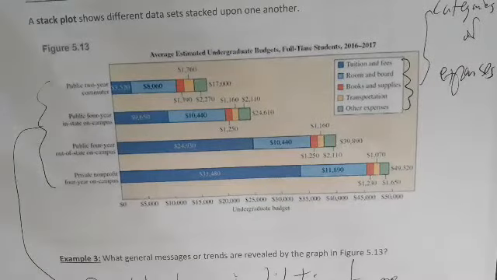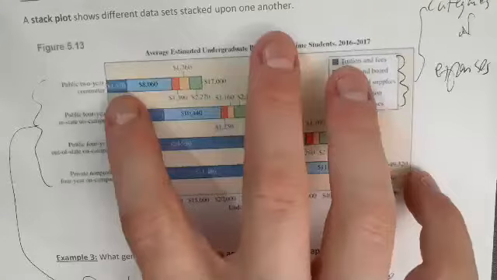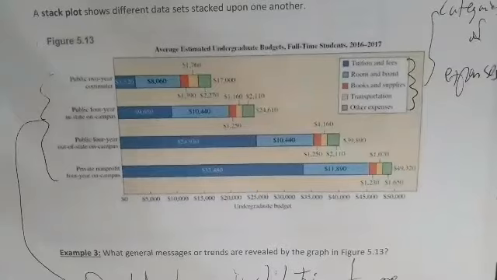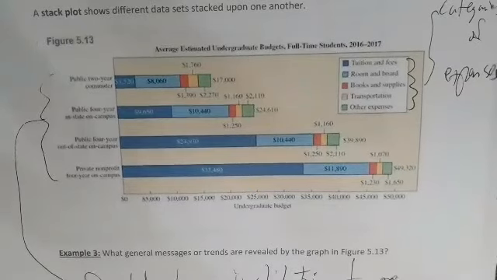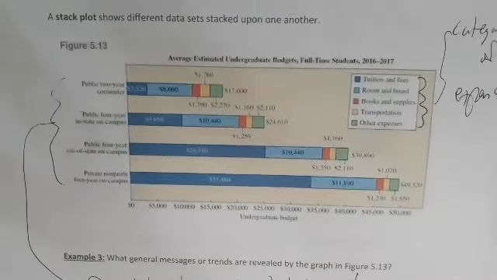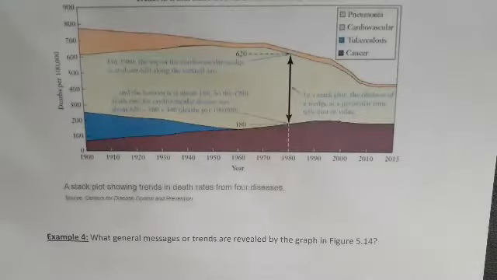If you want to show parts of a whole, what parts of your budget are going where out of the whole budget, this is a good way to do it. And we can compare those parts independently. We can compare the overall budget. And it gives a good visual to do that.